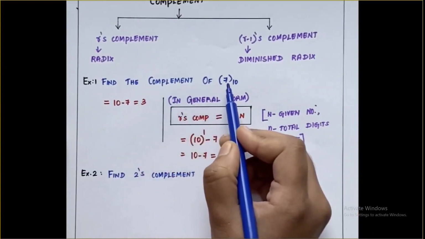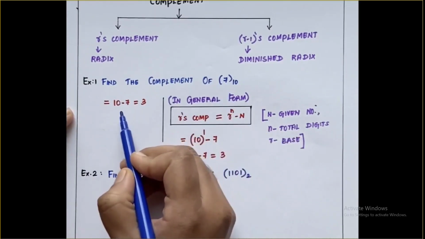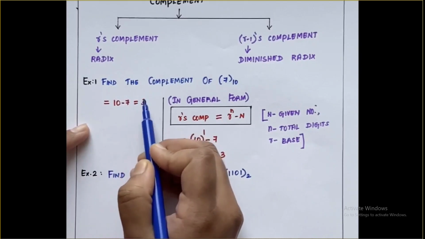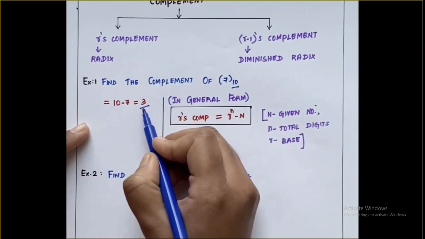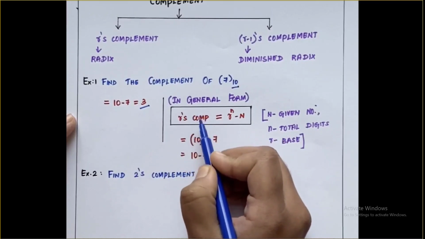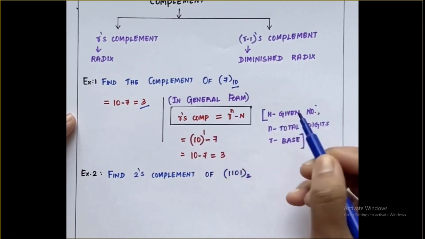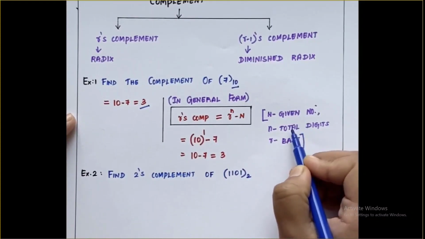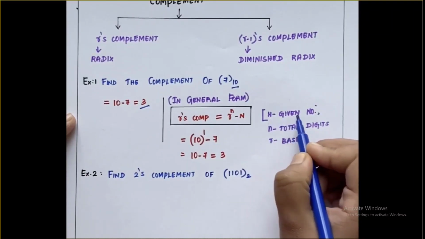The question is find the complement of 7, which is given with the base value as 10, which is nothing but the decimal number. So the base value is 10 and the given number is 7, which means 10 minus 7 is 3. So we have to reduce the value from the given base. In general form, R's complement is equal to R power n minus N, where R refers to base value, small n refers to the total number of digits, and capital N refers to the given number.